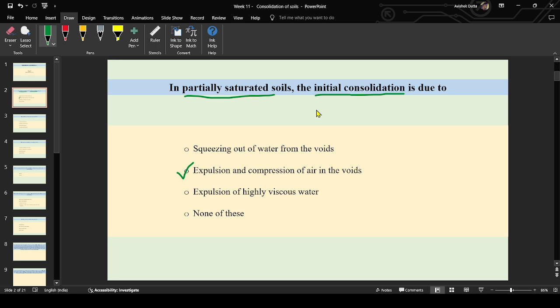Then water starts. When water is getting expelled, it might happen that in the lower depths of the soil there are some air voids, and from there air also escapes along with the water. But in the initial phases, air is the first thing that gets expelled if the soil is partially saturated. Now, if it is completely saturated, will it have any air voids? No, right?